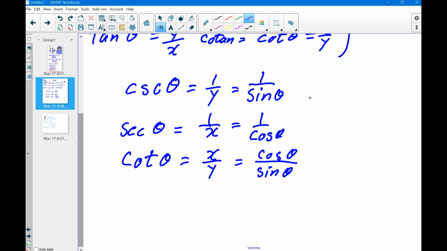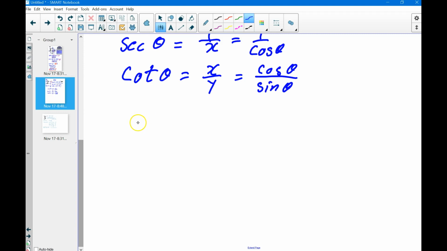Now, summarizing this and removing the middle piece, you get a whole new set of rules that look like crazy things, but now that you see where they come from, it's not so bad. We see that cosecant CSC theta is equal to 1 over sine theta.